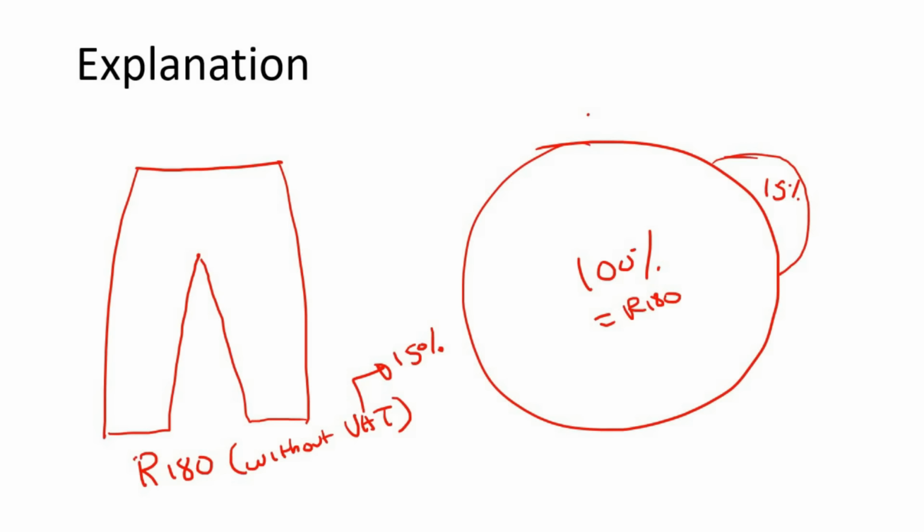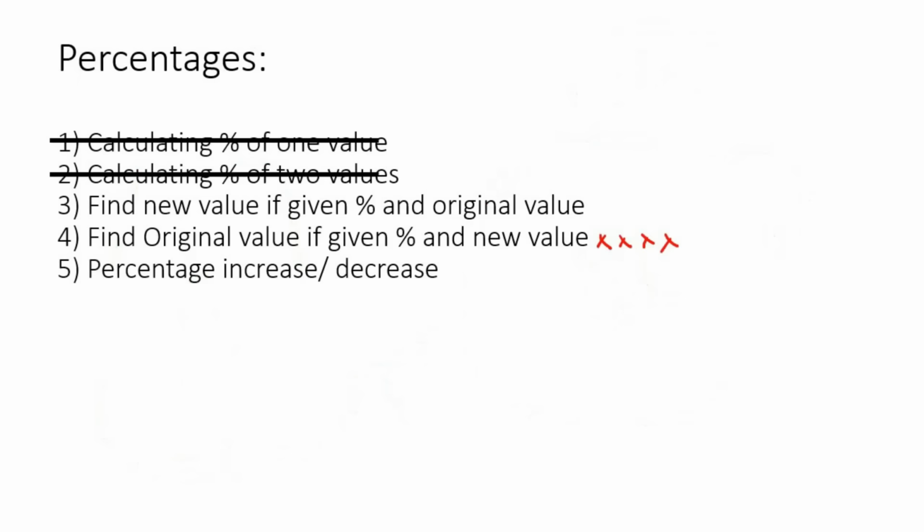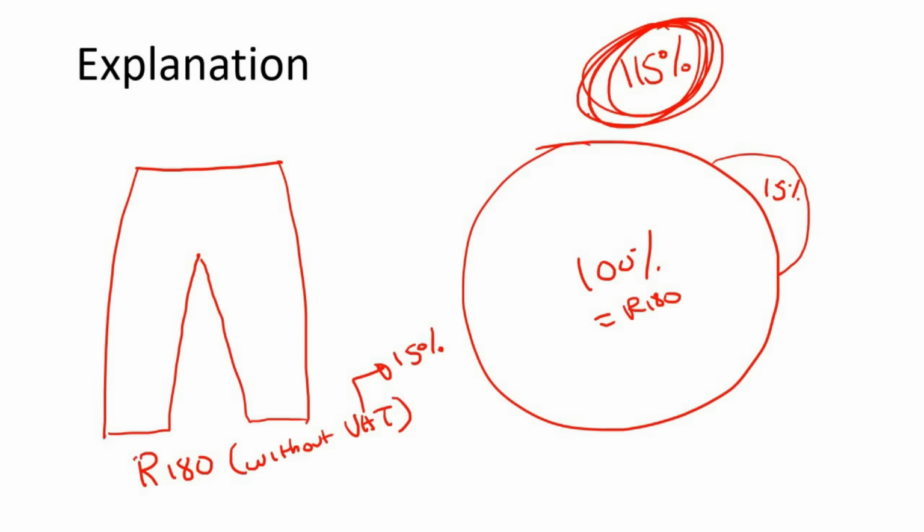So the amount that we have in total now is 115%. And this is the number that we would use in our calculations. Okay? Just like when I showed you the example with the t-shirt, it was the price after we've added and taken away. That's the price that we use. So you'd use the 115%.